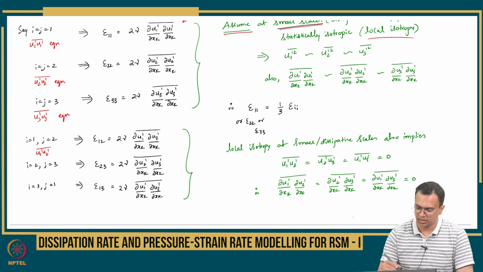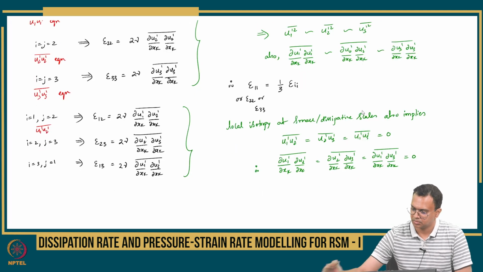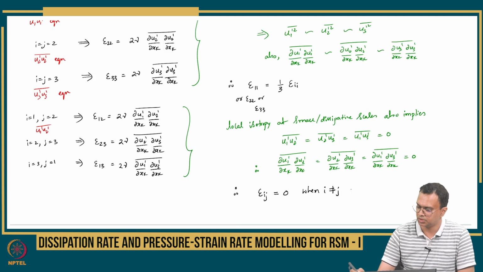I don't need the 2 nu here. So that means when i is not equal to j, epsilon ij is equal to 0.